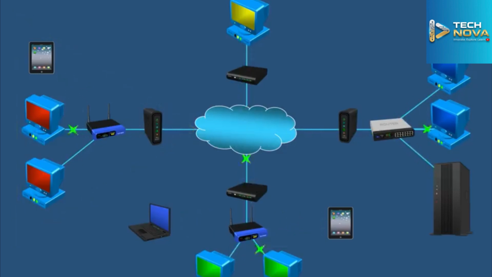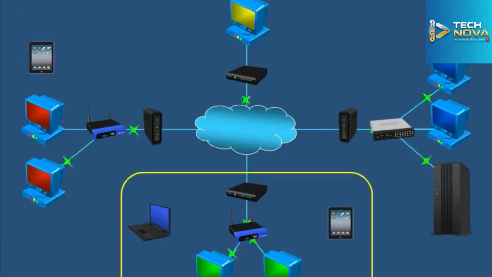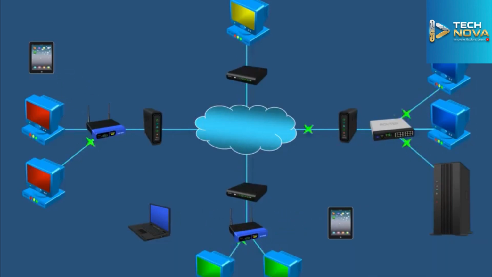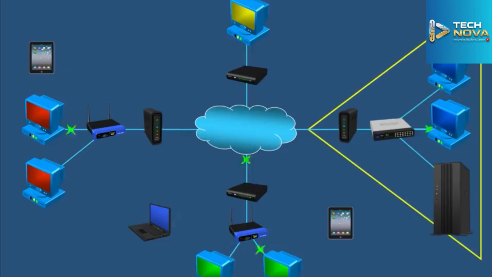And it's also using a small home office router so that its computers, the laptop, and the tablet can access the internet. The network here on the right is an example of a business network. And it's using a cable modem, and it's using a business router, so it can connect its computers and its server.